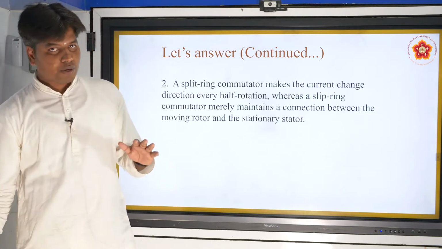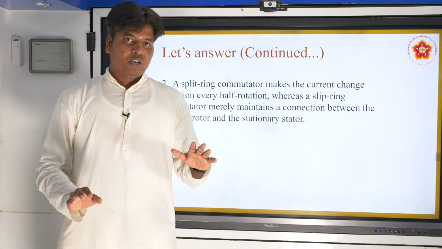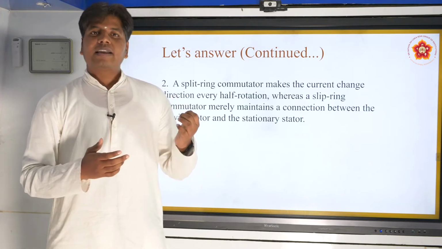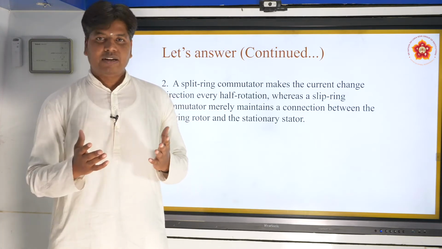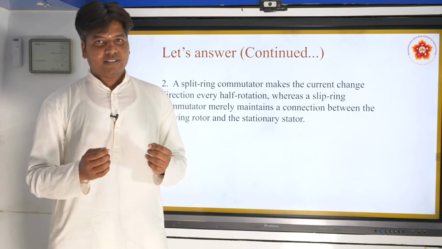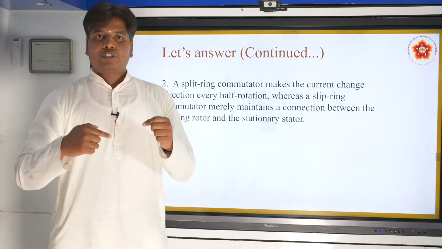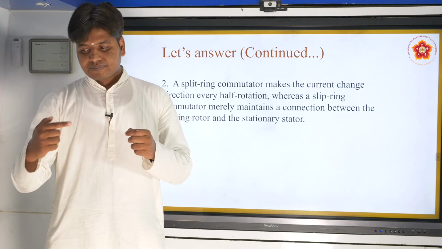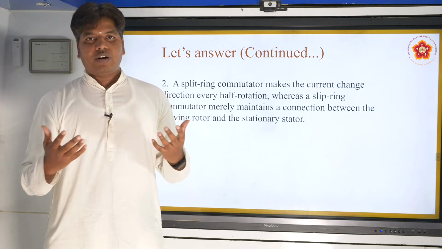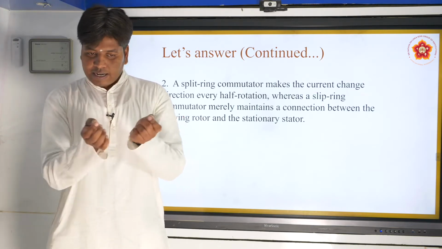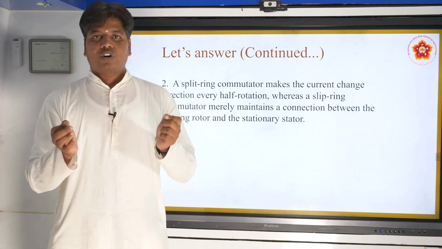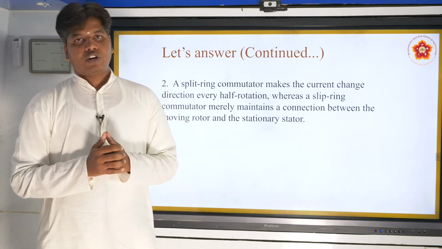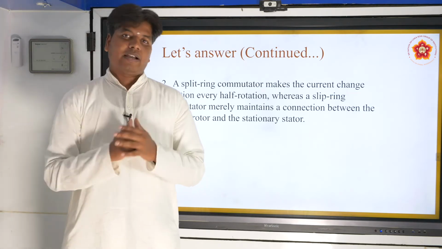Before going to that, what we have studied in this chapter: a current carrying conductor can produce a magnetic field around it, right? After that, we wound up the coil and called it a solenoid and connected it to a source of power, which also acts as an electromagnet.